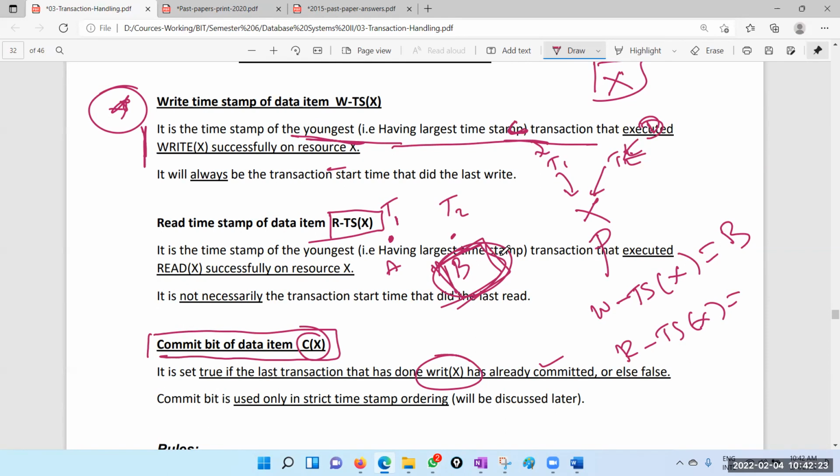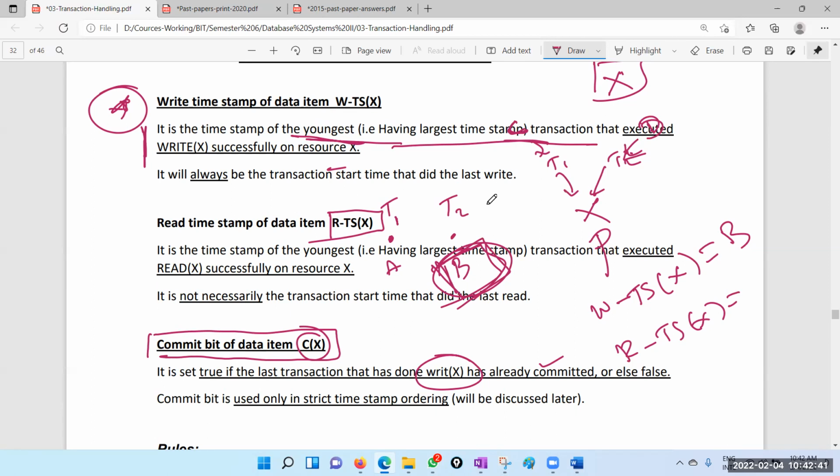The moment transaction B has committed, the commit bit of the resource becomes true.